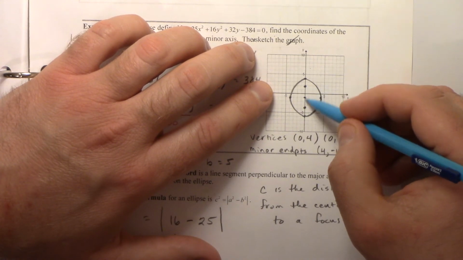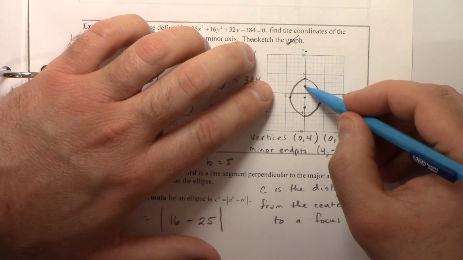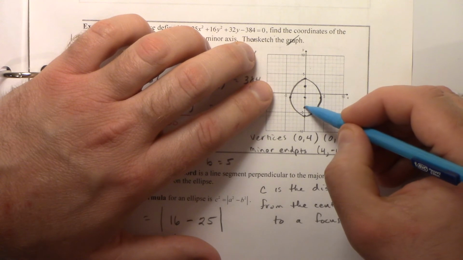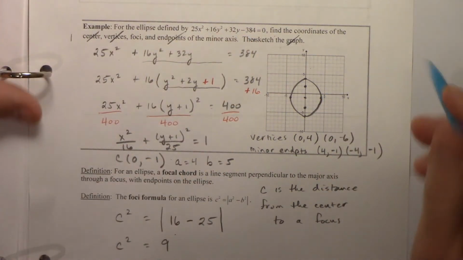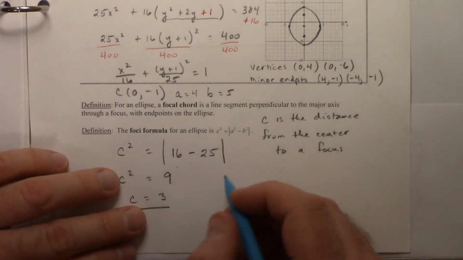So these two focus points have coordinates (0, 2), and this one is down at (0, -4). Let's go ahead and jot down those results, and then we've got everything listed that they asked us for.